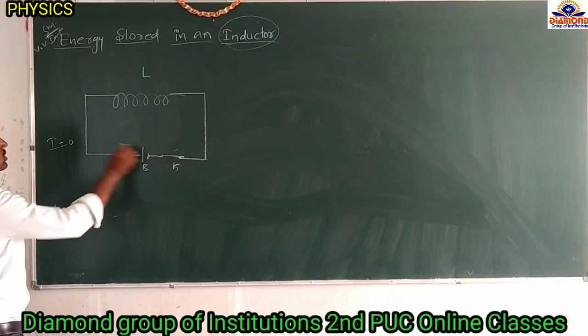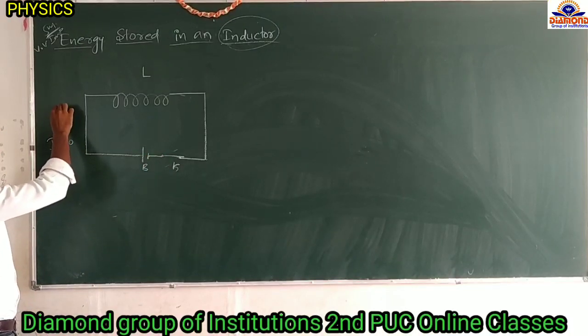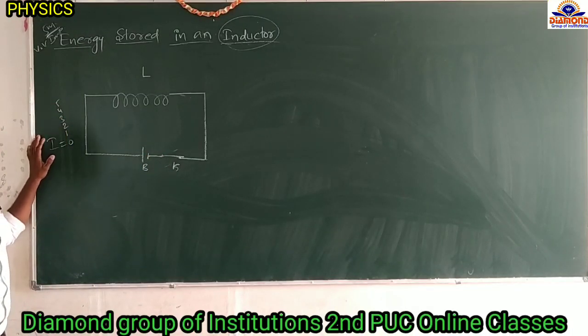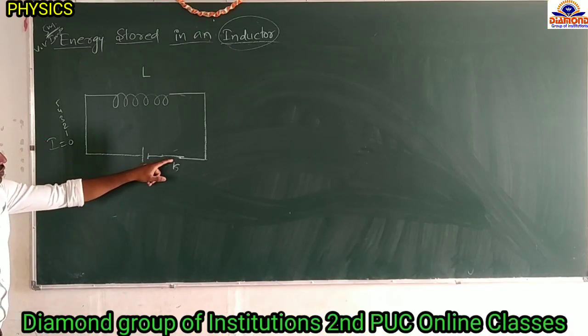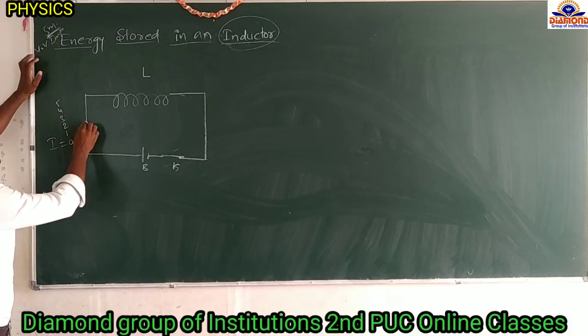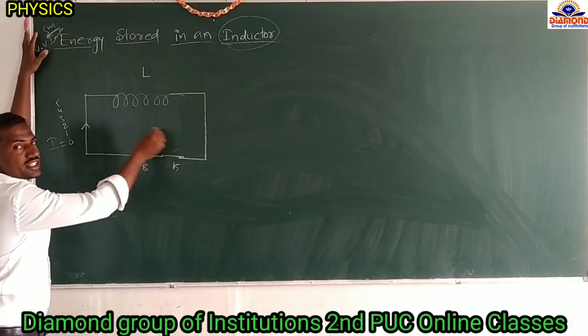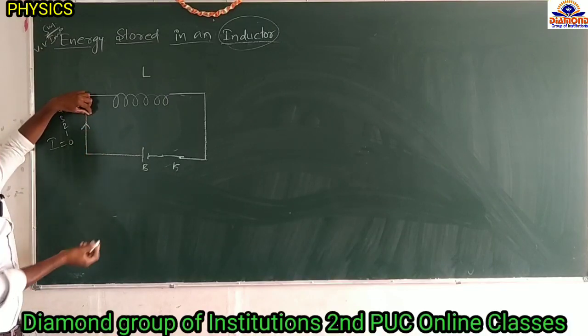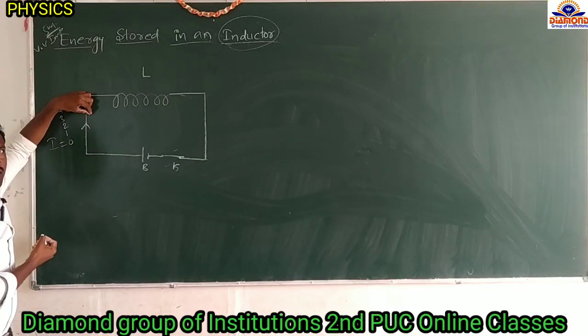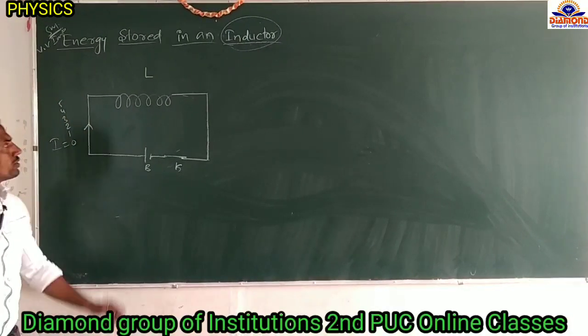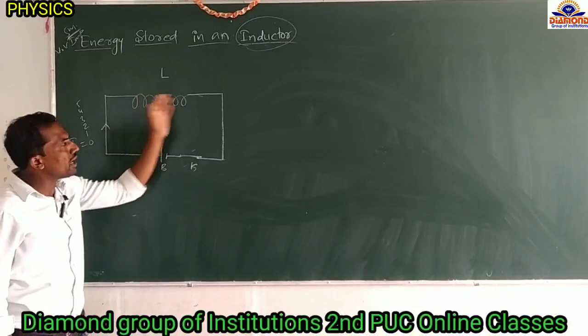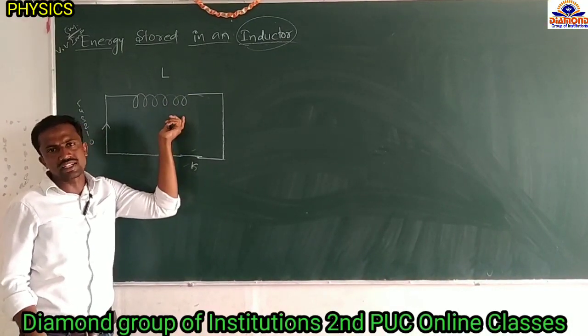When the key is closed, current flowing in the circuit will increase. Same self-induction type. When current is flowing in the circuit, this current will produce a magnetic field. When the magnetic field is produced, the magnetic field lines passing through the surface are called magnetic flux.